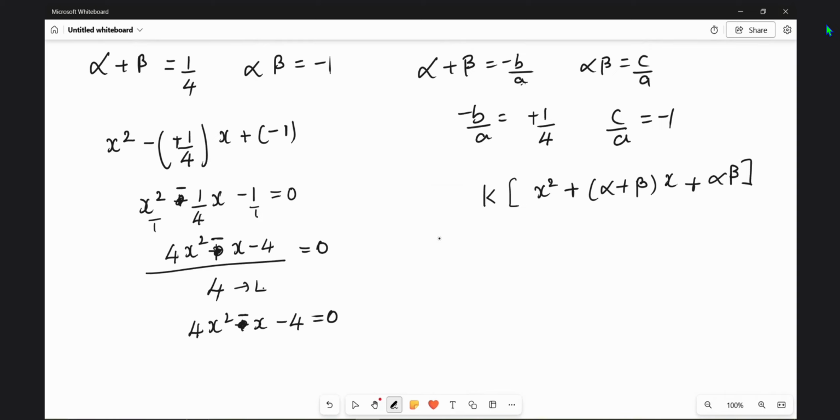This is the equation we are telling. It is minus of alpha plus beta into x. See, once minus of alpha plus beta into x. Yeah, it's there in NCERT also.